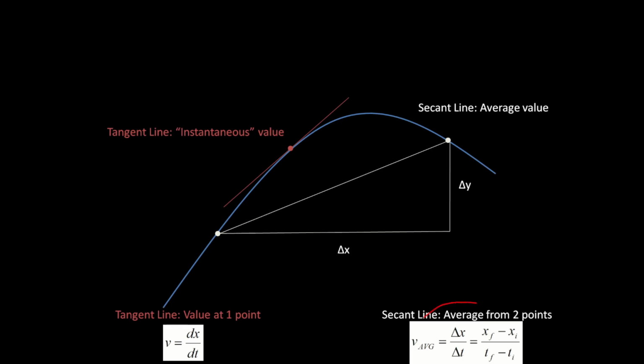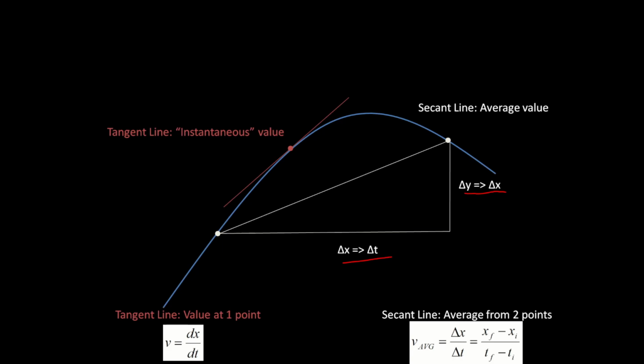And so we have a standard slope formula here, rise over run. And I am using delta y and delta x because that's what you're familiar with. But for our notation here, I'm going to switch this to go to delta x and delta t. For us, x in physics commonly means our displacement, our position of our object, and t means time.